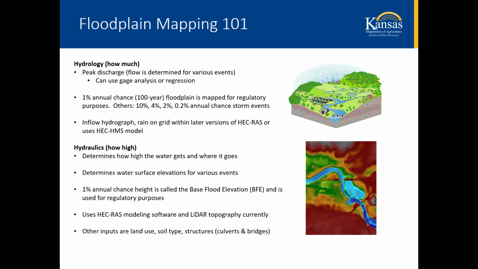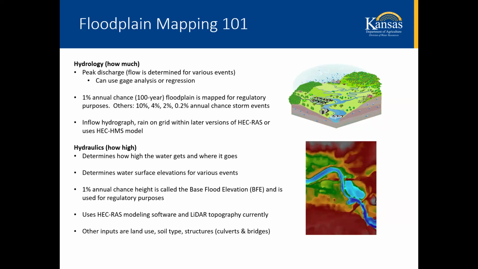So we do often see the 0.2% or 500-year flood mapped as part of the FIRM. And that way people know where that's located, and it's considered to be at moderate risk. And so we call it the shaded zone X, because it's not regulated, but it is considered as moderate risk. Whereas the 100-year flood is high risk.